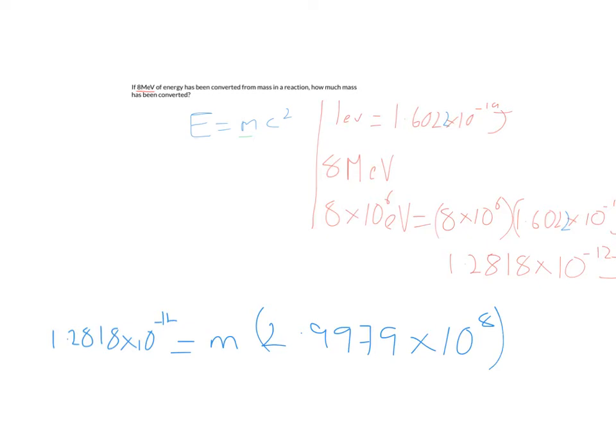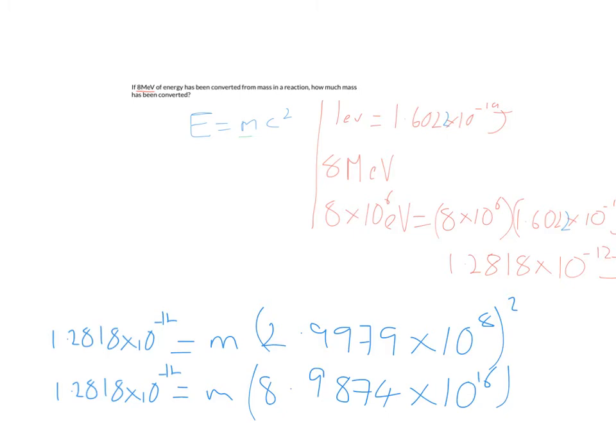So if we set about solving this, we will end up with the speed of light squared, which is going to be 8.9874 times 10 to the power of 16, and the energy on the opposite side will remain the same.